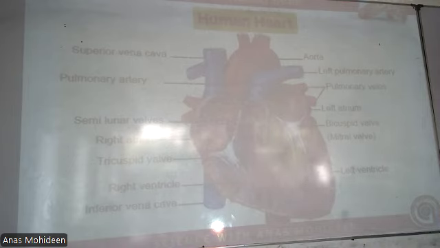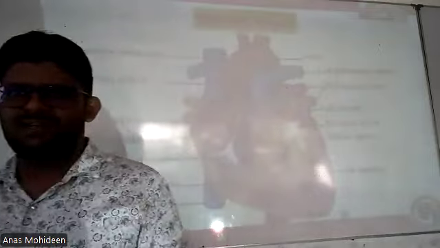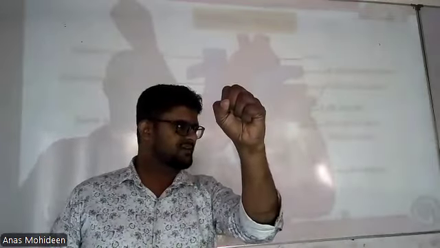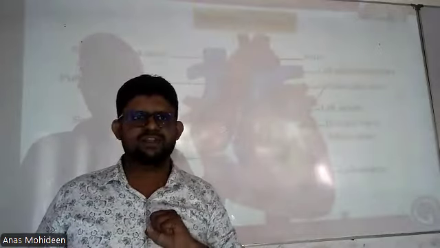Between the lungs, slightly lower to the left side, we have the heart. And it's not a large organ, it's smaller than the lungs. This is the average size of the heart.